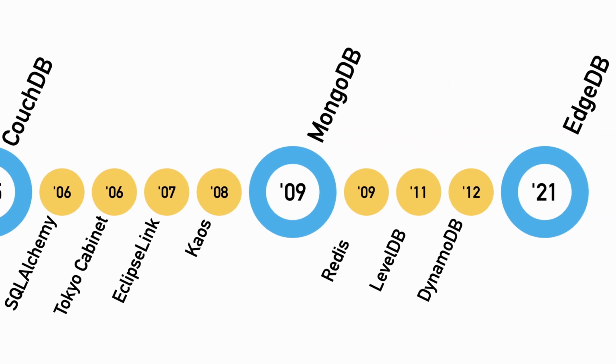But we've also seen emergence of schemaless database servers, from horizontally scaling key value stores like Amazon's DynamoDB, through Redis, which started as a remote dictionary server and evolved into a more generic data structure store, all the way to schemaless JSON document stores like CouchDB and later MongoDB.